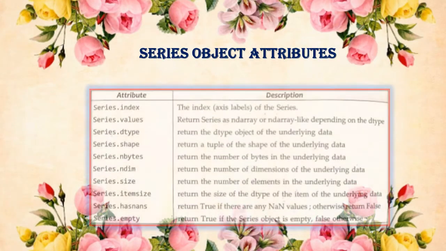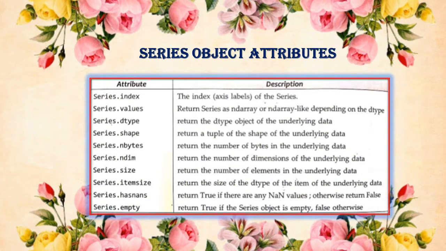This shows the attributes of a series. The index attribute shows all the row labels of the particular series object, and values displays the values of that series object. dtype is the data type of the data.